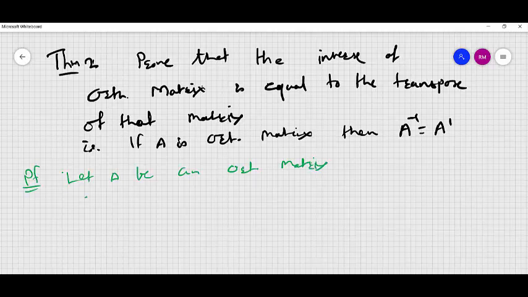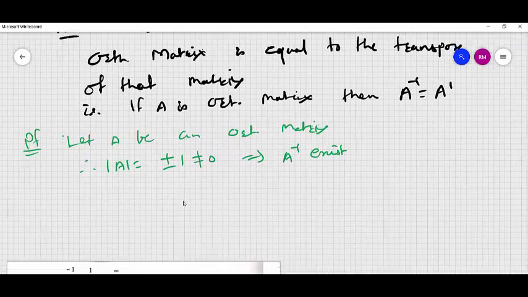So just we studied that determinant of A is equal to either +1 or -1. That means not equal to 0. So this implies A inverse exists. We already studied if the determinant is non-zero, then that matrix has an inverse.